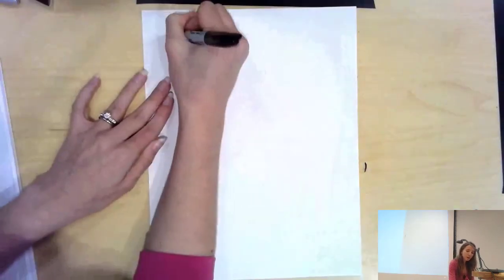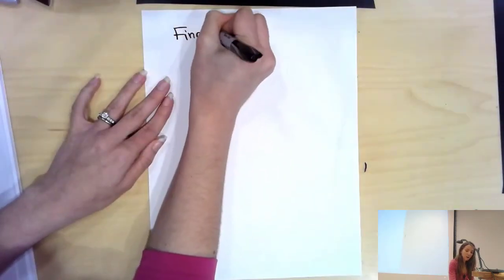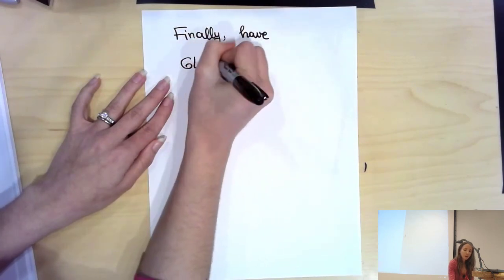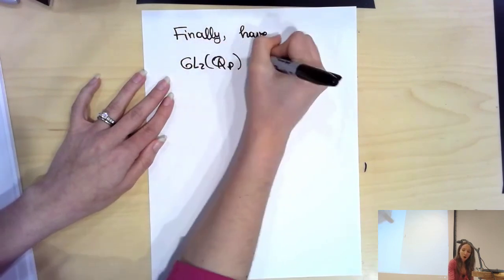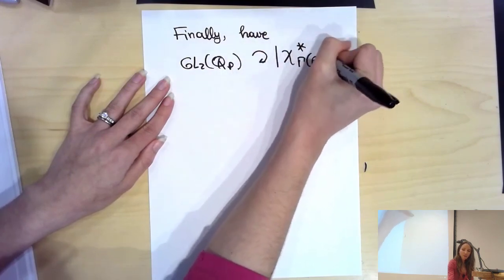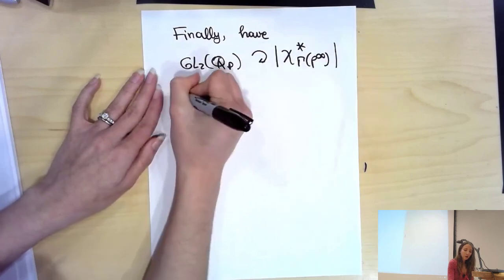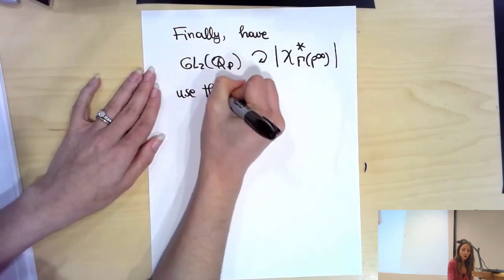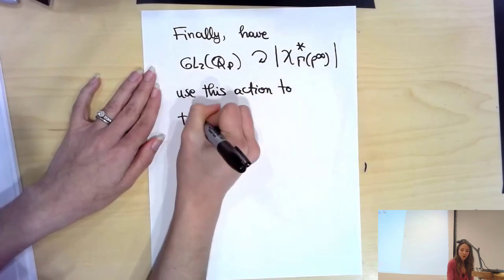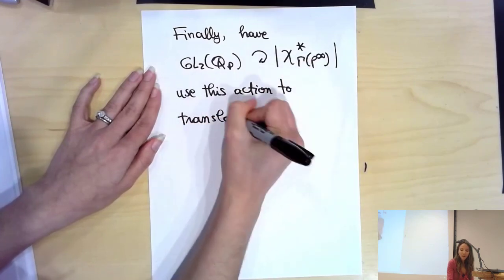And so finally, you also have an action of the group GL_2(Q_p) on the topological space X star gamma p infinity. So use this action to translate. You want to construct a cover by affinoid perfectoids.